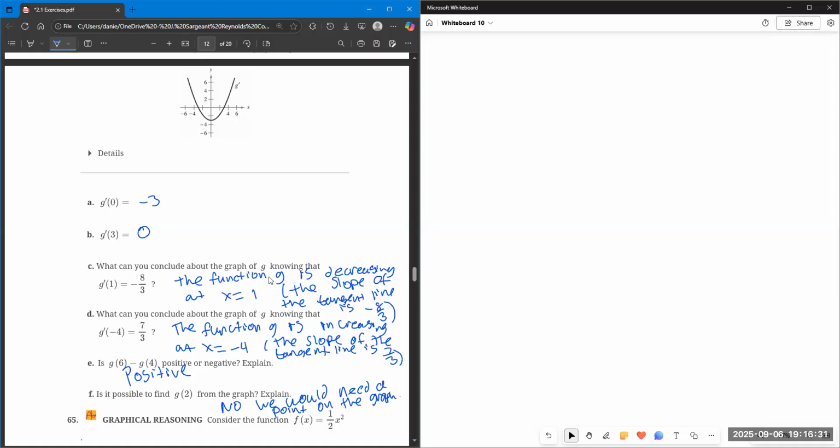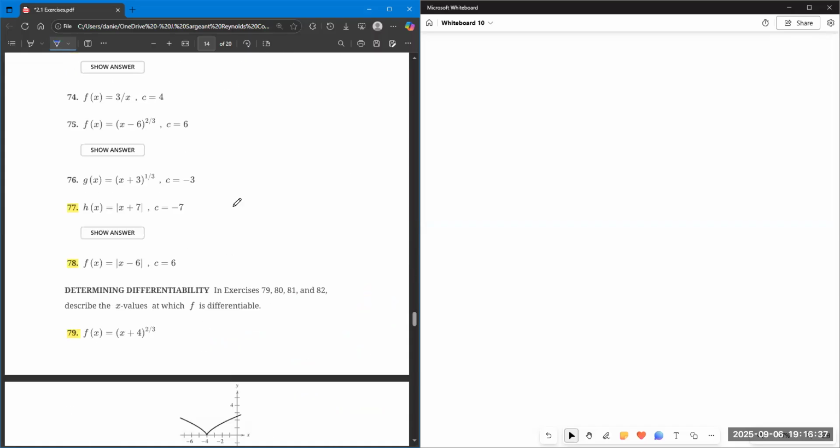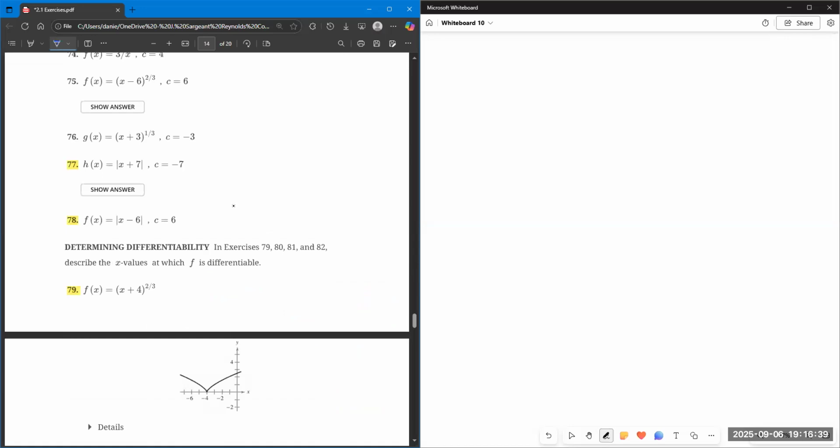So, all right, let's look at number 77. h of x is equal to the absolute value of x plus 7. c is equal to -7, so I'm at the cusp.